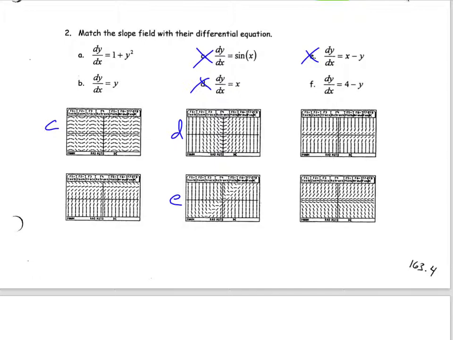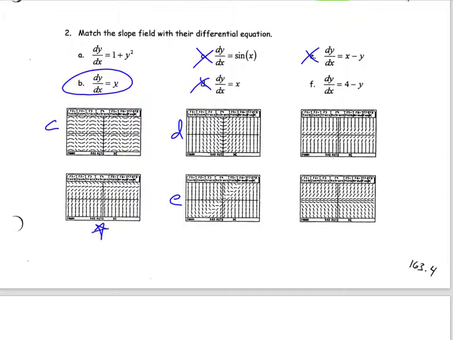Okay, what about this one? If I plugged in 1, 0, would I get 0? I think she was looking at B. So if I plug in the point 1, 0, it's going to give me a slope of 0.